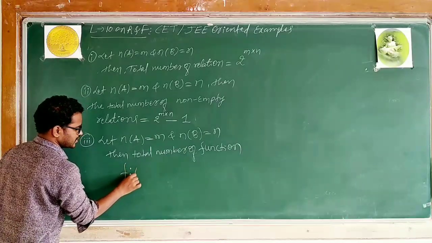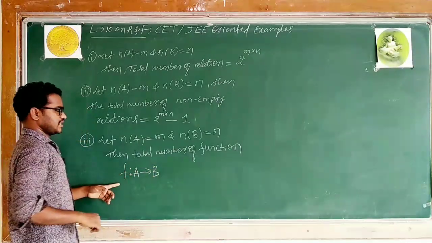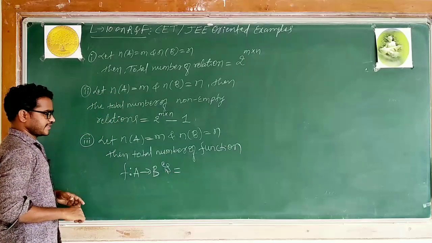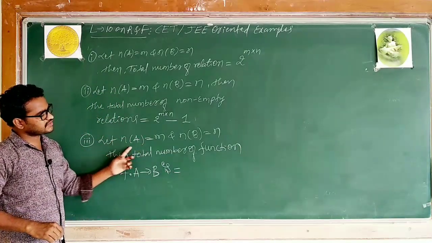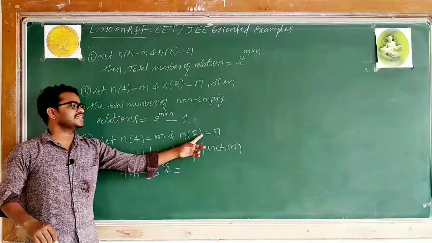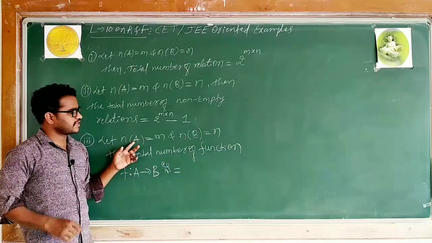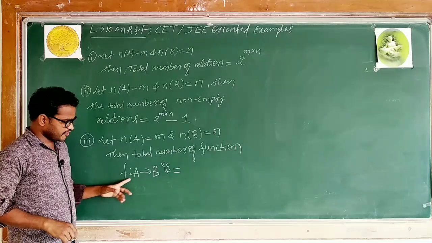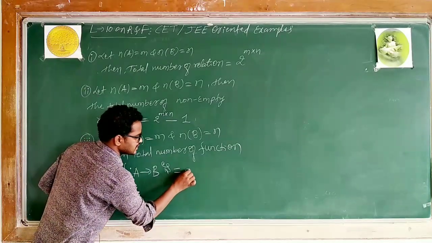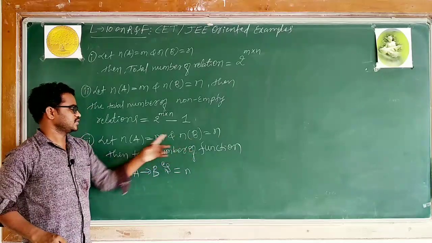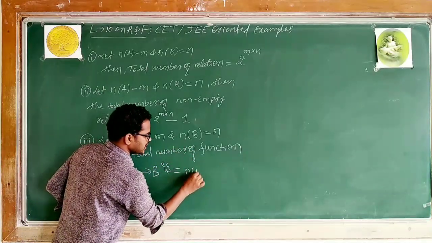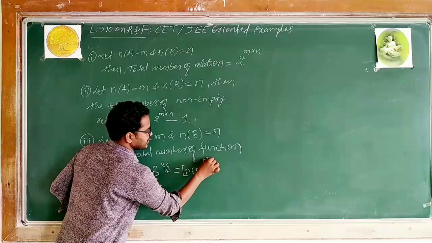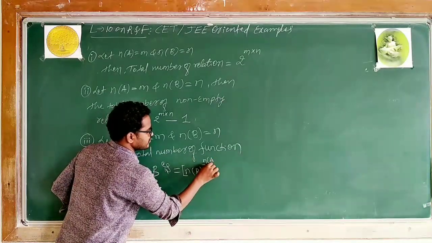Then the total number of functions f from A to B, if the number of elements of A is m and the number of elements of B is n, is given by n of B to the power n of A. This is the formula to find this.